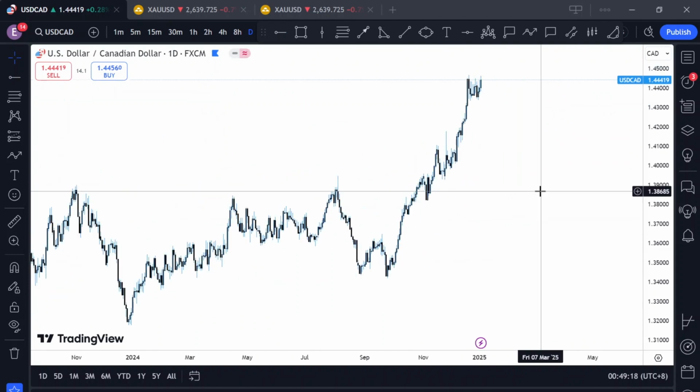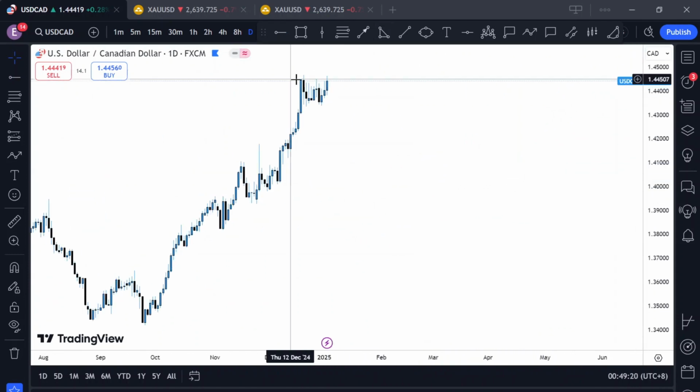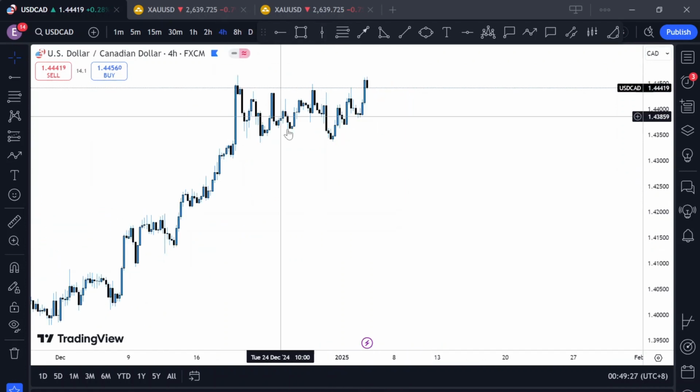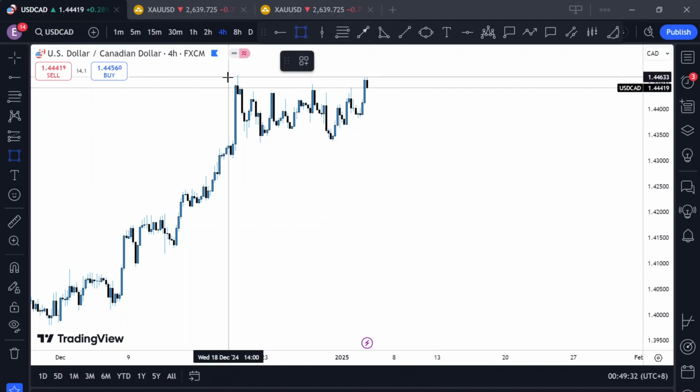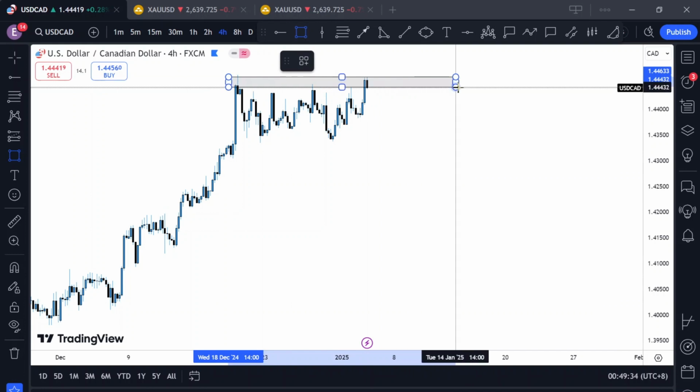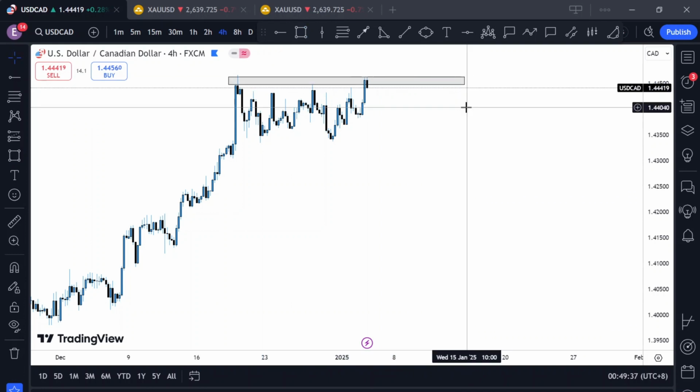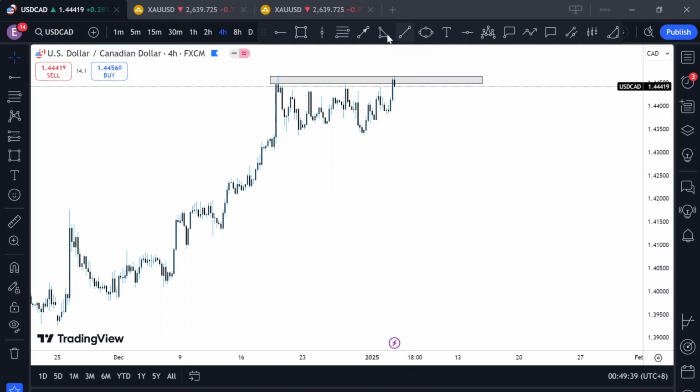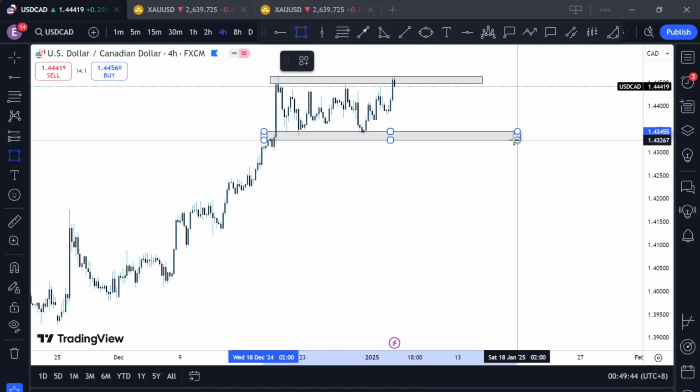Price is kind of creating a strong resistance here, but if you look at pound USD, we're anticipating price to sell. They kind of inversely correlate, so I'm looking for price to break through this region here. Over in pound USD, we've had that break to the downside, but USDCAD is yet to do that, so we're looking for an opportunity to see that happen here on USDCAD.